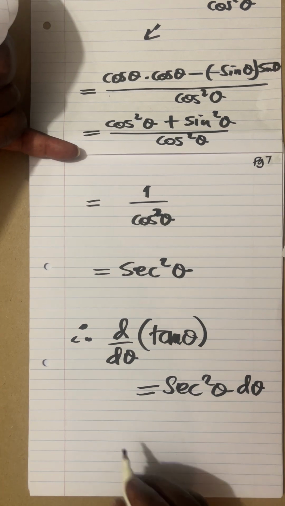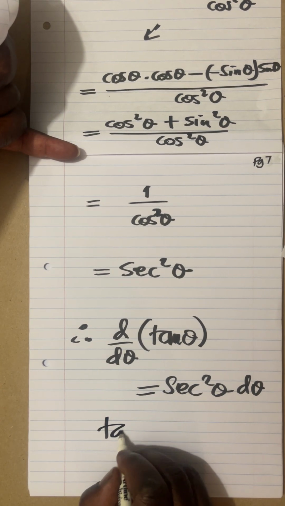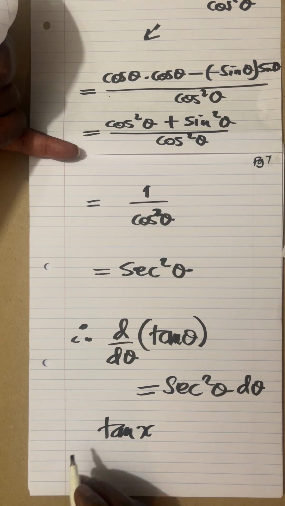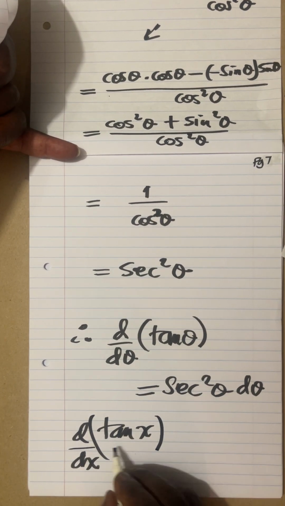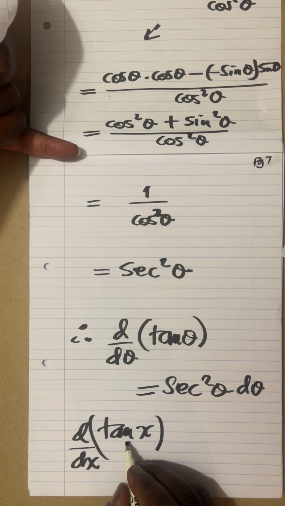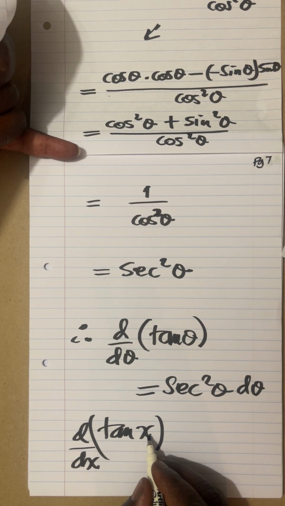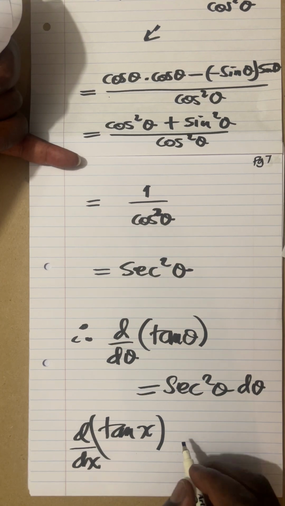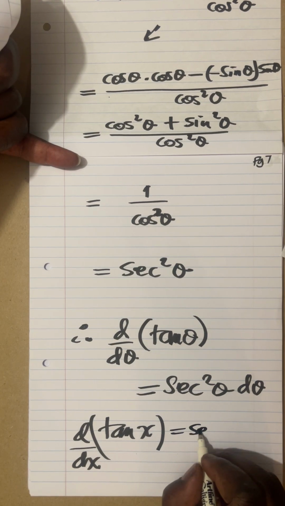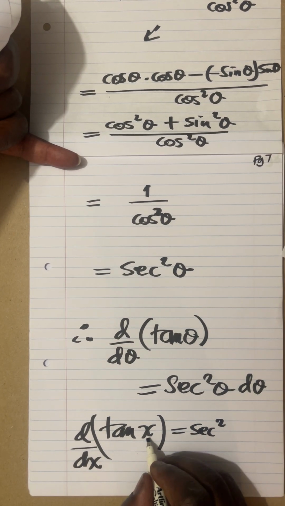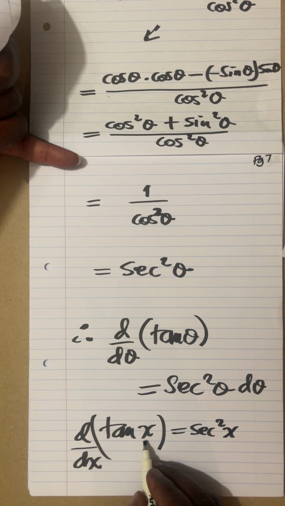So notice if, for example, we say tan x, what is the derivative of this with respect to x? The derivative of tangent first, because here we have tangent and then we have x. Derivative of tangent is sec squared. And of course, we're dealing with x, so we differentiate x by the chain rule.